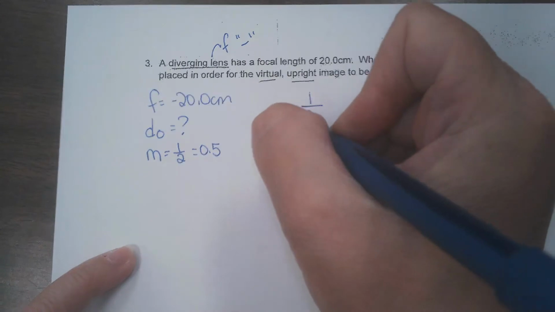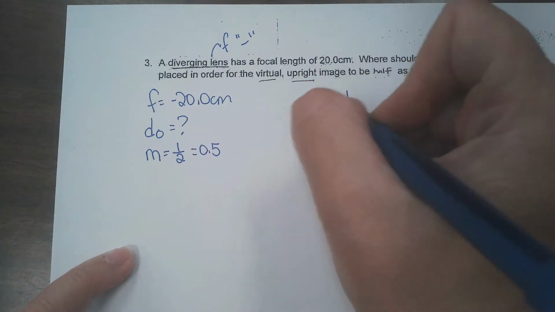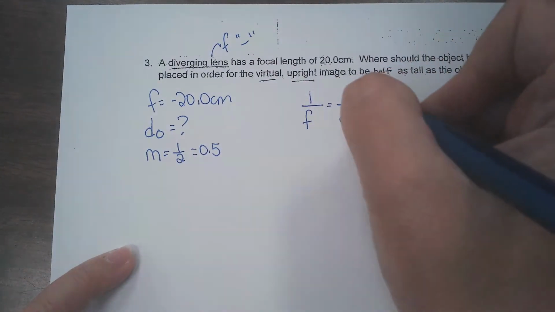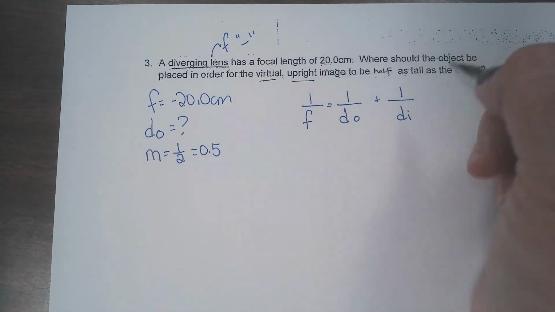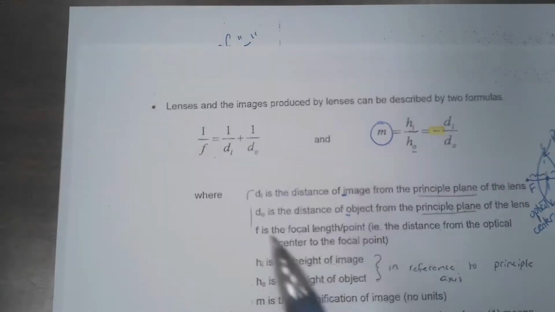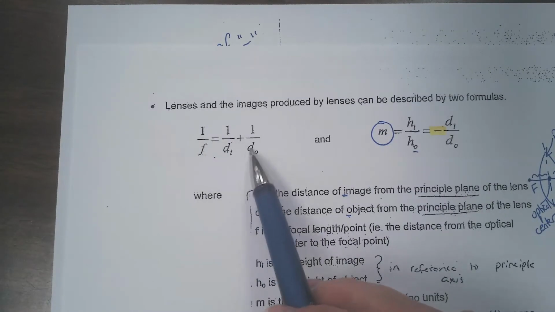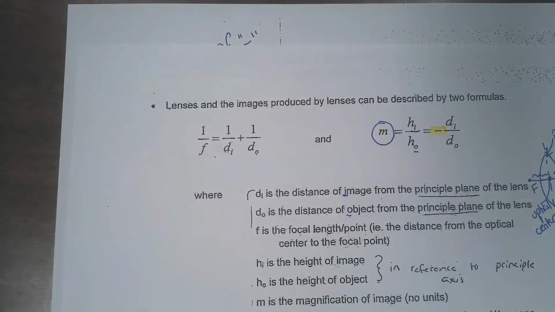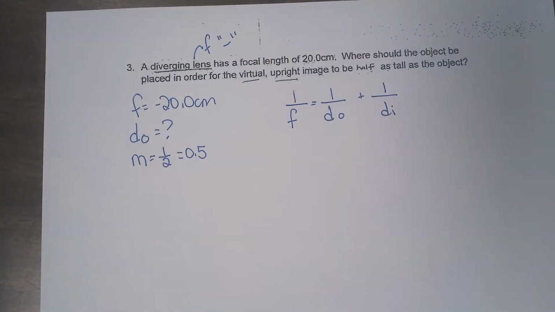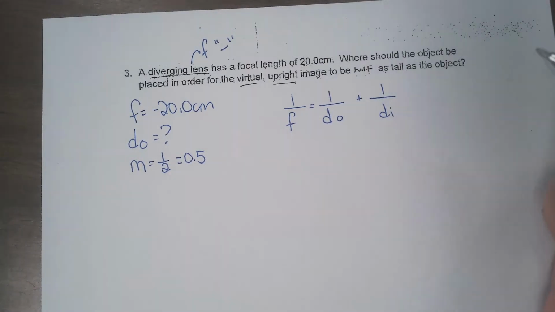1 over F is equal to 1 over DO plus 1 over DI. Does the order matter? 1 plus 2, 2 plus 1 still gives us 3. What don't I have?